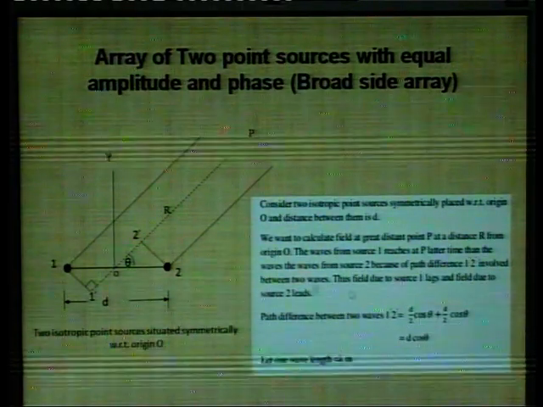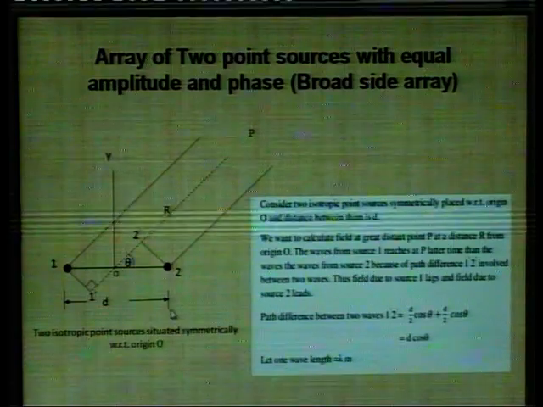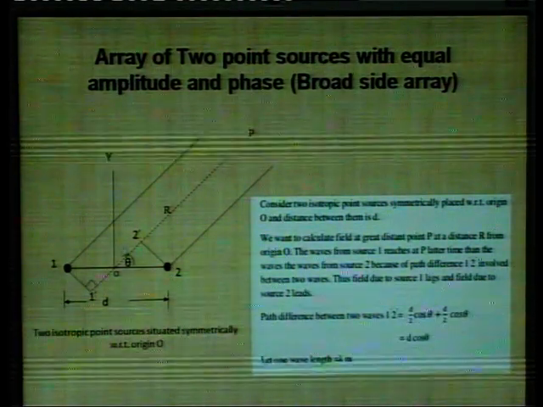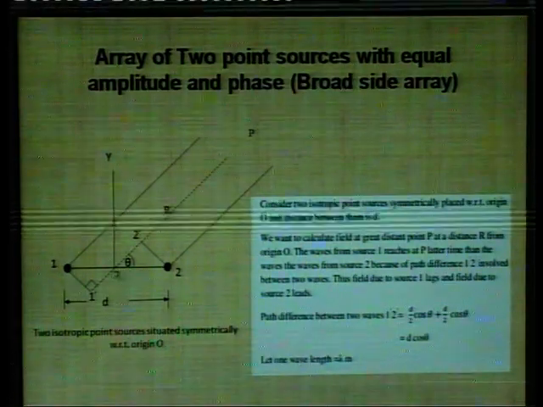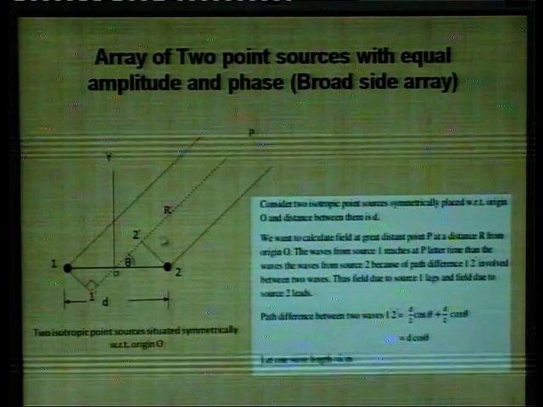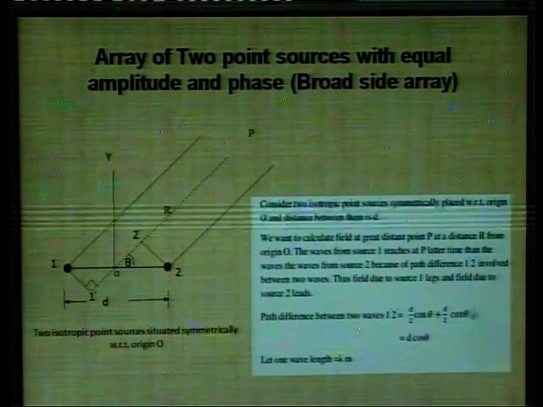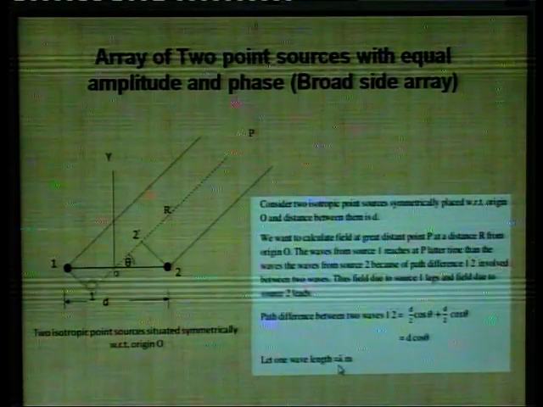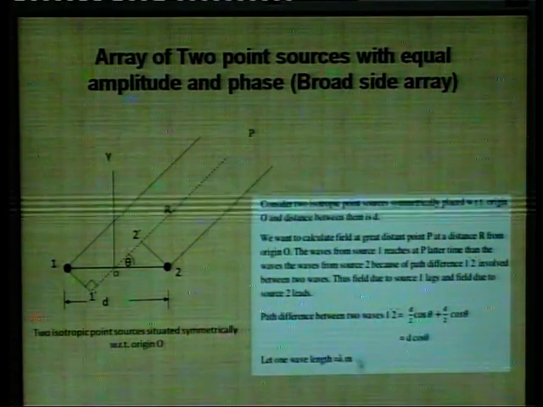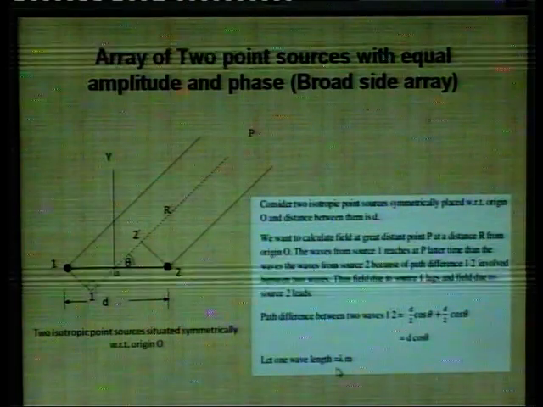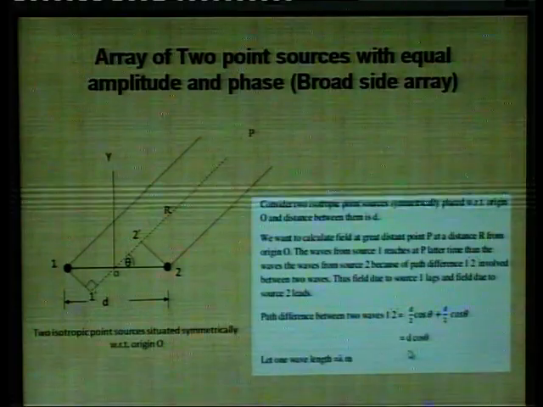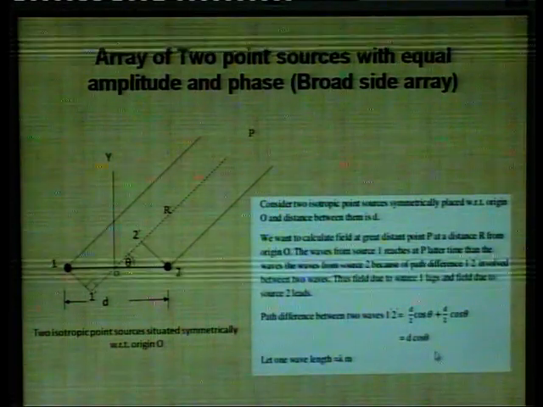So the total path difference between the two waves, 1'2', is equal to d by 2 cos theta plus d by 2 cos theta, meaning d cos theta. So this is the path difference between the two waves. Let one wavelength be lambda meters. How many wavelengths will be in the path difference?